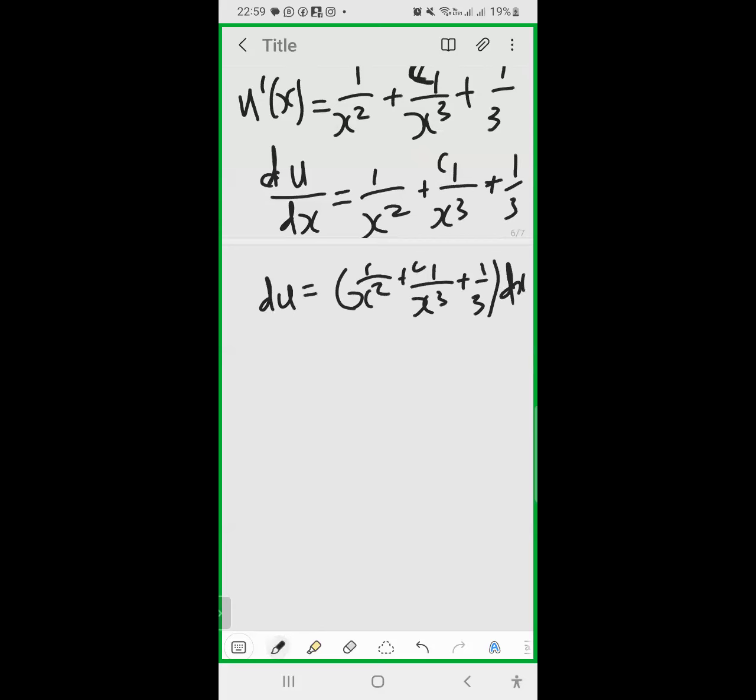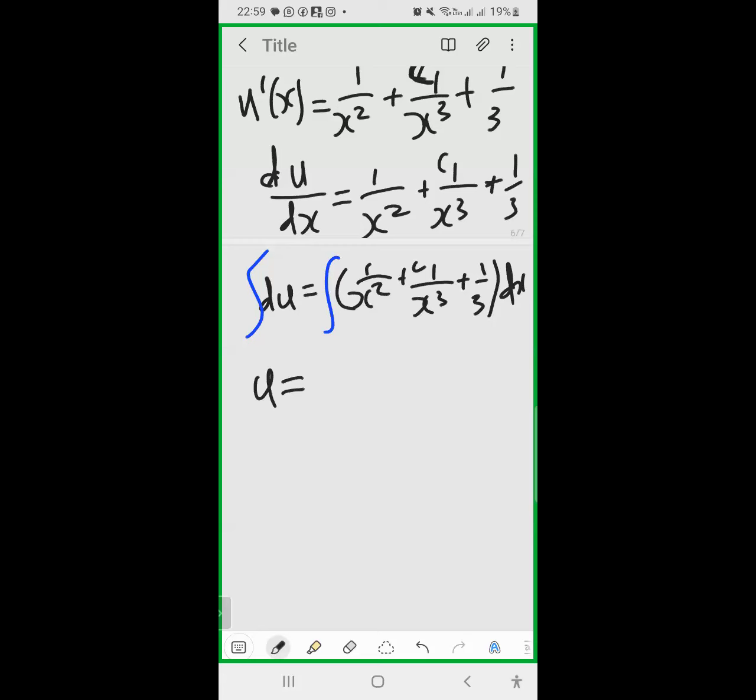From there, we integrate both sides, and we get that u is equal to the integral of 1 over x squared.